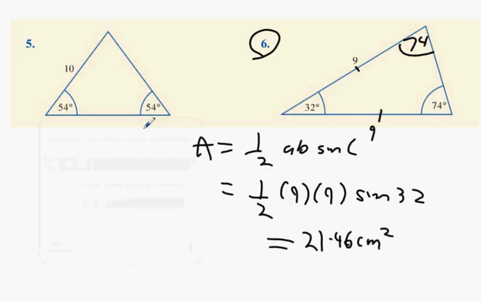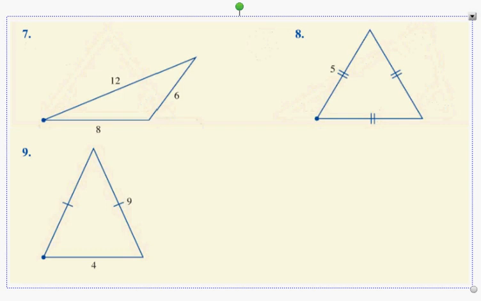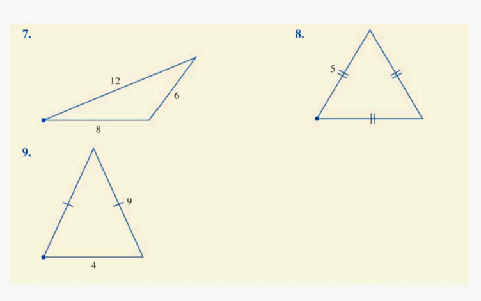Now, what we have next is these ones here. What did I give you? Question A or question 8 and 9? There's 2 ways to do question A, and I'll explain why. See these double lines here? It means all sides are worth 5. That in turn means all angles are worth 60.